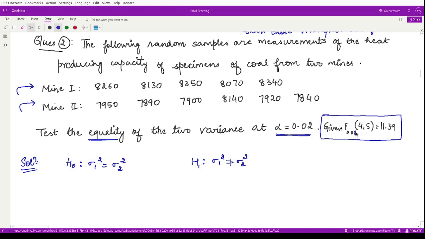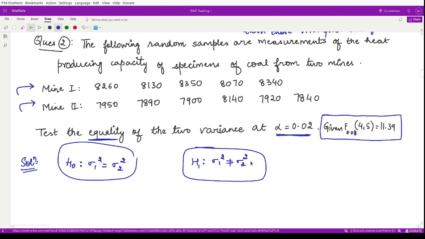Because we wanted to test the equality of two variances, this is our null hypothesis and this is our alternative hypothesis, and because of this, it is a two-tailed test.